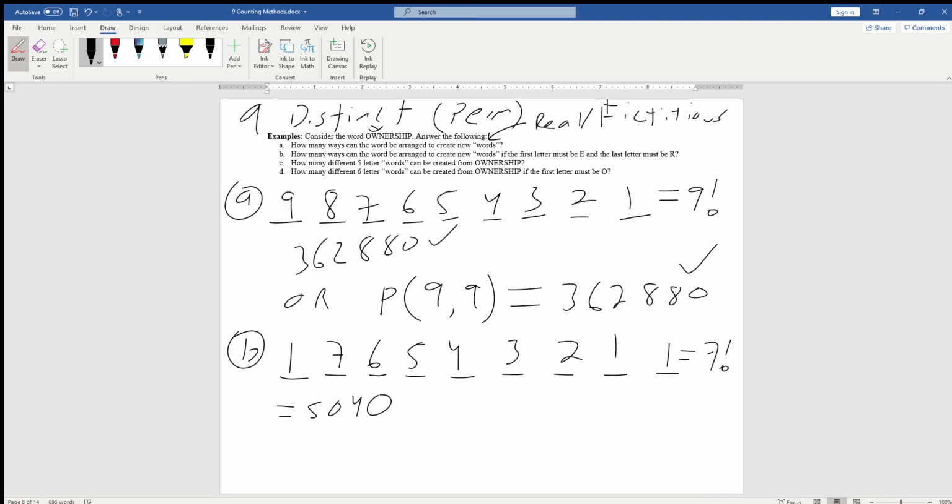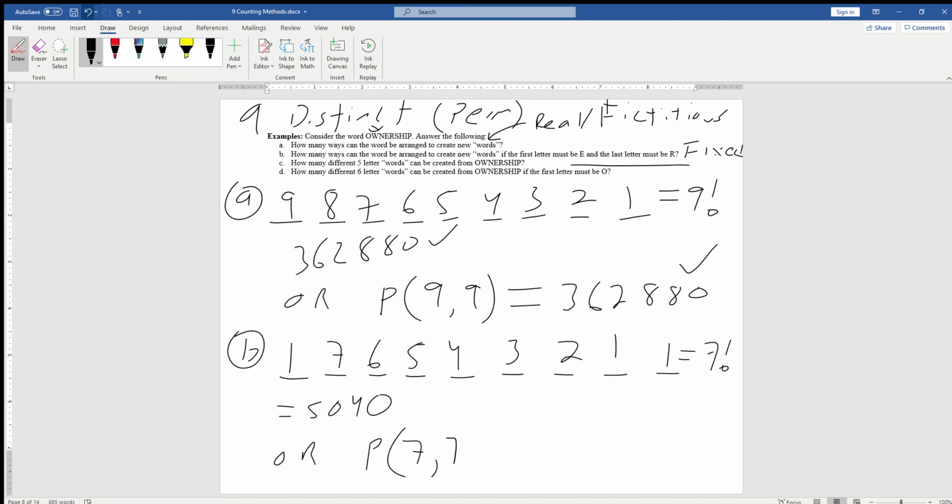Another way to compute this using permutations is that we have 9 possible letters. Or excuse me, there are 7 possible letters. And the reason there are 7 letters is because 2 of them are already picked. All right, so if some of them are fixed, these 2 letters are fixed, then we can't necessarily use them in the arrangement because they're already arranged for us.